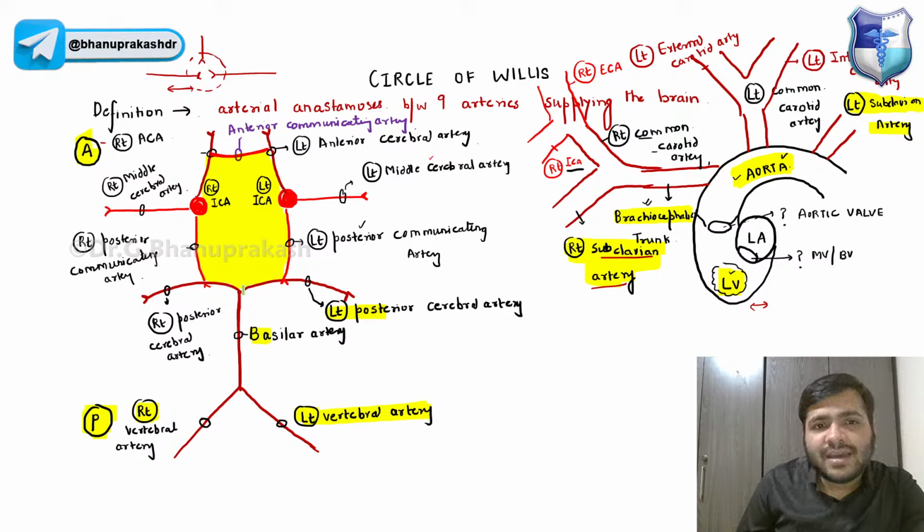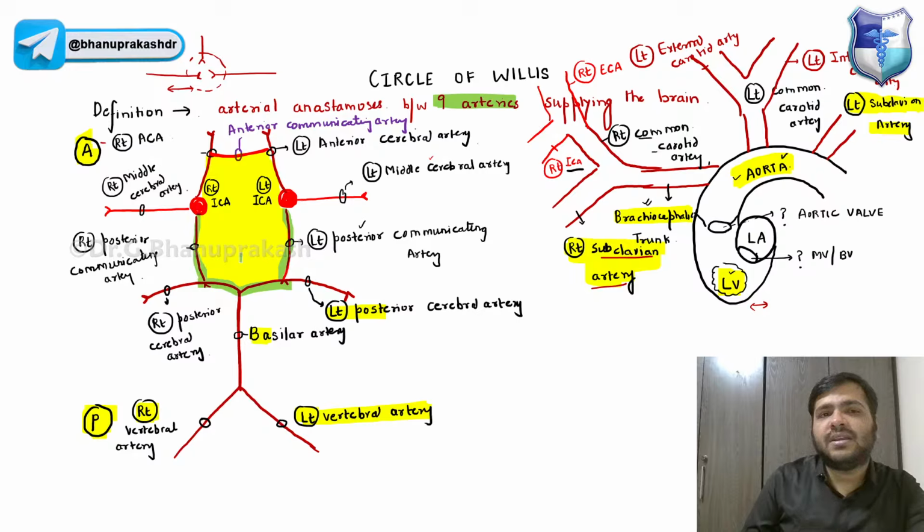You can very well see the left posterior cerebral artery is a part, the right posterior cerebral artery is a part too. I have told you 9 arteries, right? We have the left posterior communicating artery, right posterior communicating artery, the internal carotid artery, and the right internal carotid artery. We have like 6 now.